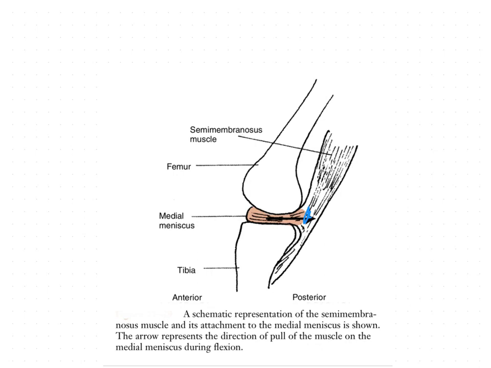These are the things which happen during flexion and extension. This is about the arthrokinematics of the knee joint during flexion and extension.